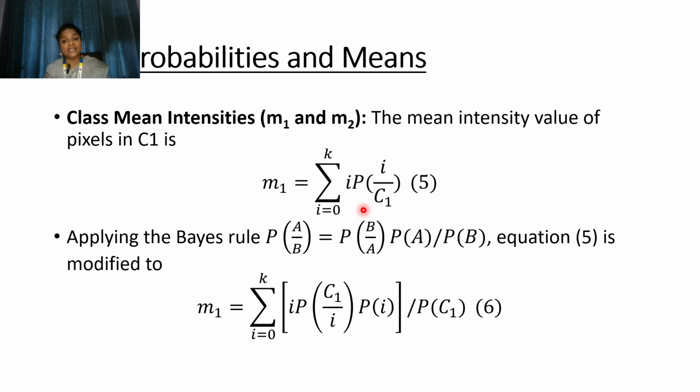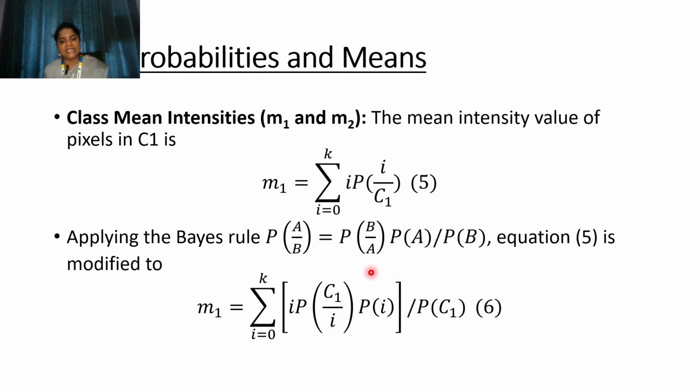So, to simplify equation 5, we are using the Bayes rule. Okay. So, what is the Bayes rule? Probability of A given B is equal to probability of B given A into probability of A, the whole divided by probability of B. So, now we are going to use this equation to calculate probability of I given C1. So, what will be the Bayes rule here? It's going to be probability of C1 given I into probability of I divided by probability of C1.